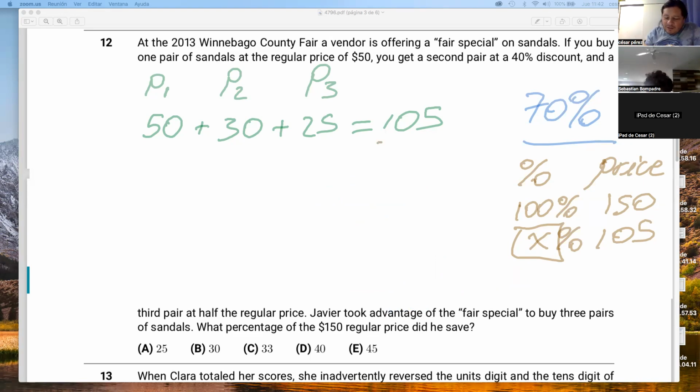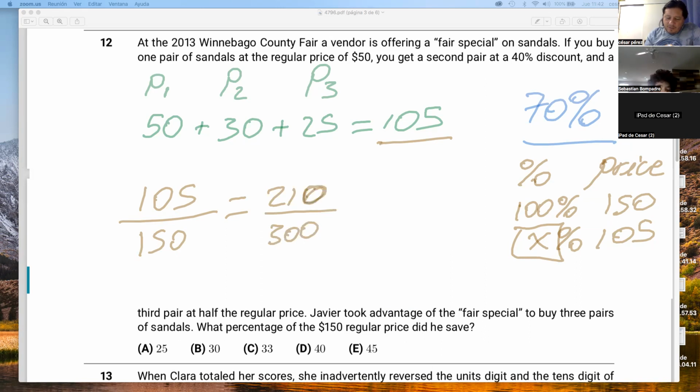So we only need to divide this by this. We have 210 over 300.